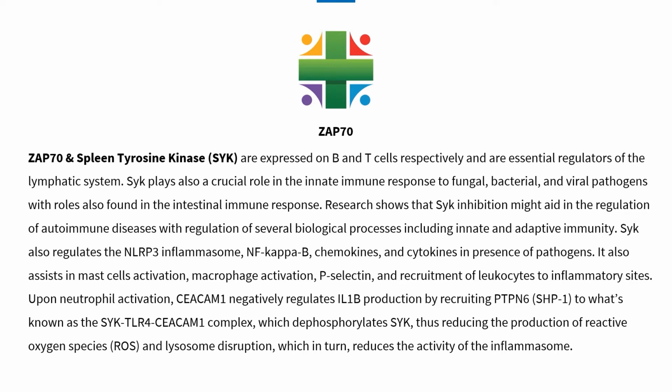This all dephosphorylates, or puts the brake on, spleen tyrosine kinase, thus reducing the production of free radicals, otherwise known as reactive oxygen species, and lysosomal disruption, the lysosome being the garbage disposal system of the cell, which in turn reduces the activity of the inflammasome.